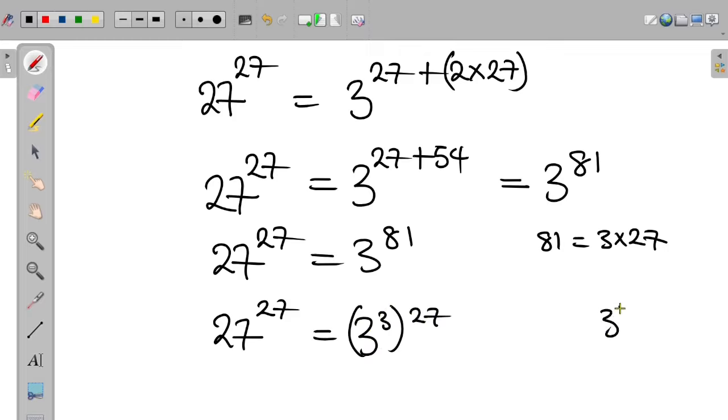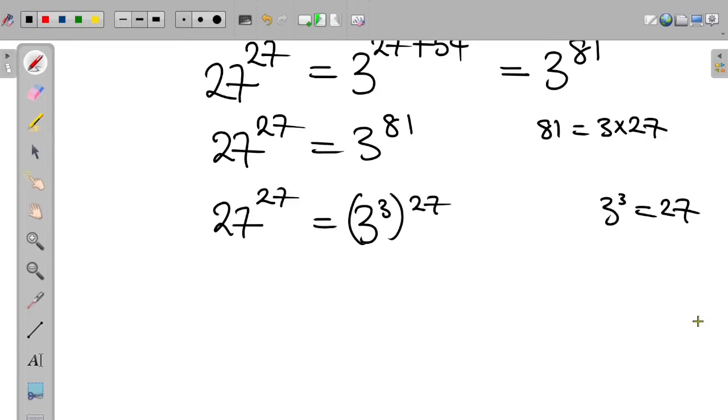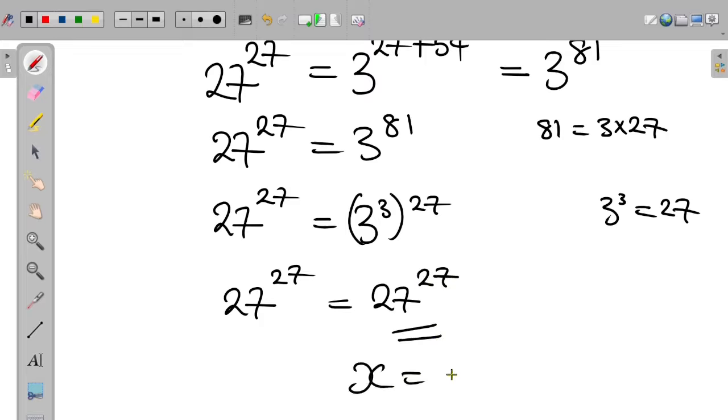And 3 cubed is equal to 27. Thus, we have that 27 to the power of 27 is equal to 27 to the power of 27. So at this point, we have been able to prove that x is equal to 27.